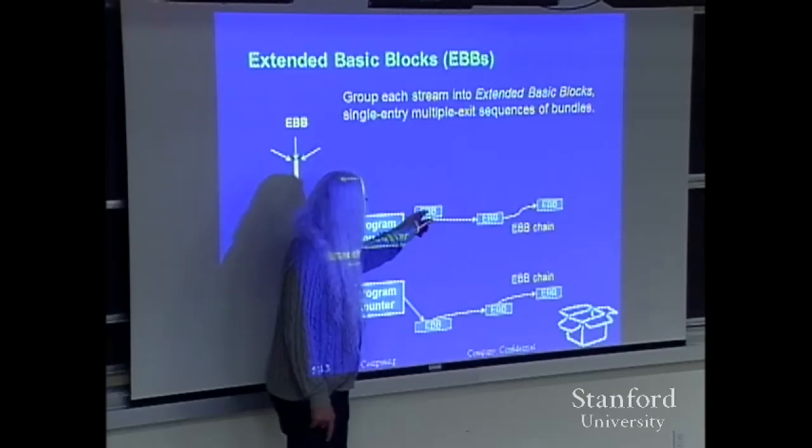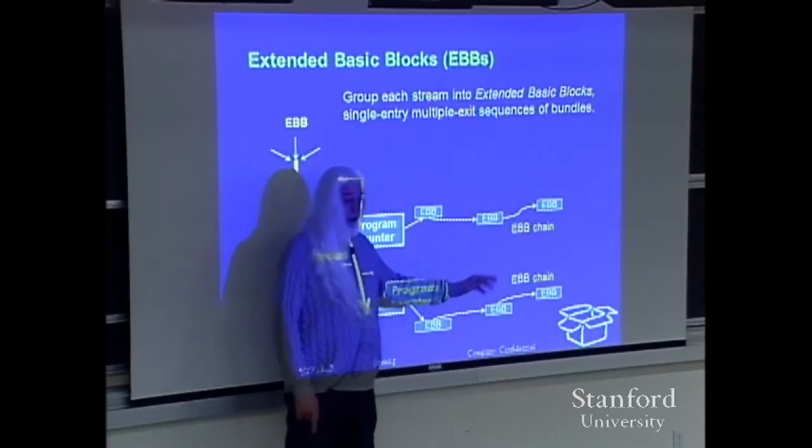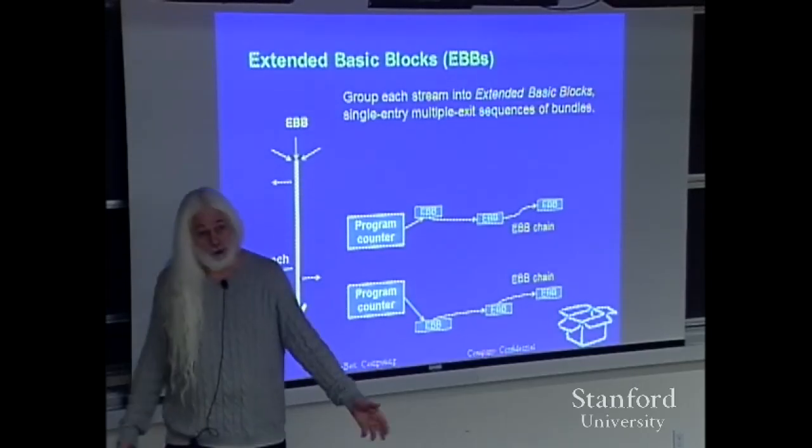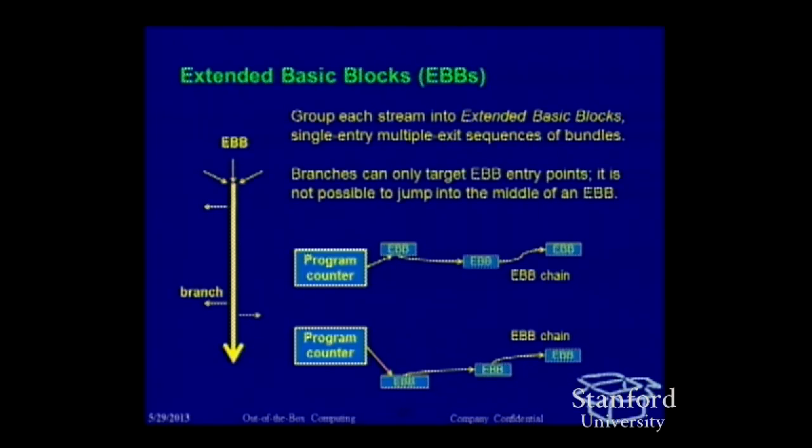We enter 1, that will branch to the head of another, that will eventually go to the head of another, and so forth. And just like there's an EBB in the full bundles, there's also a pair of EBBs in the half bundle streams. So there's 2 of them, as shown. The branches can only target an EBB entry point. This includes calls. It is not possible to jump into the middle of one. By definition, that's what they are.